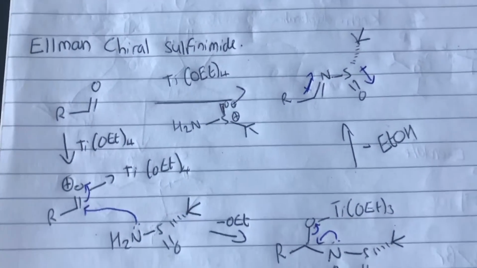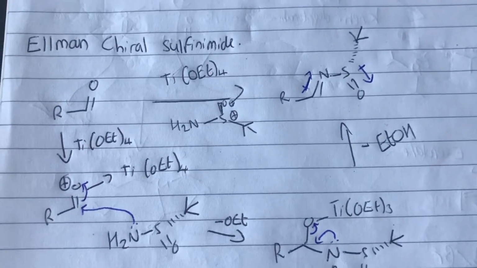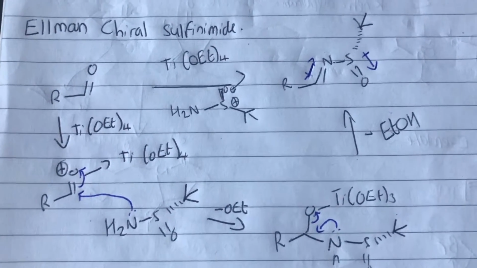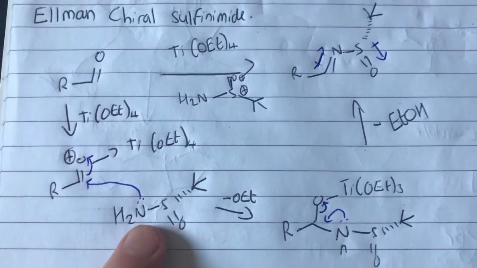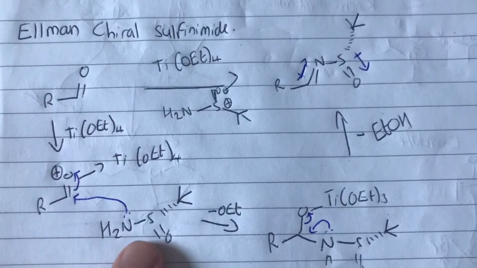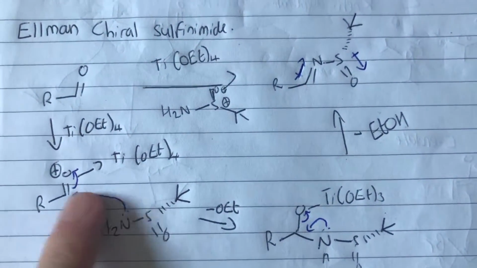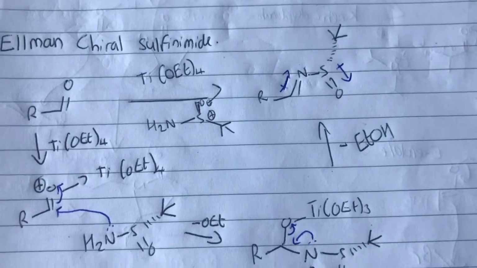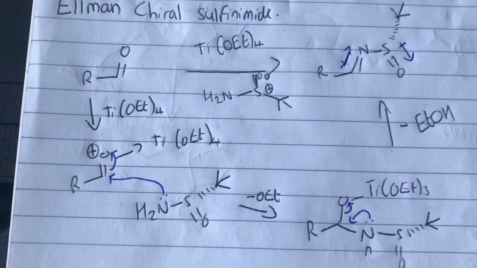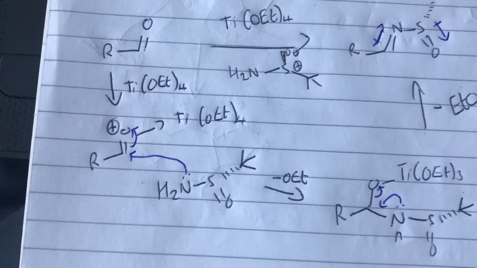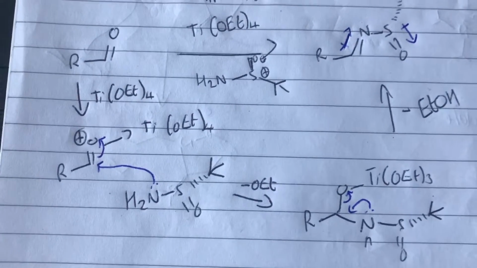Look at the Ellman chiral sulfinamide. Once again, there's a couple of steps in this reaction. So this is one of our reagents there. Use the lone pair to attack. Once the tin's been coordinated to it, obviously we had the tin first, it coordinates to the oxygen. The nitrogen can attack at the double bond of the oxygen, pushing the electrons onto there.